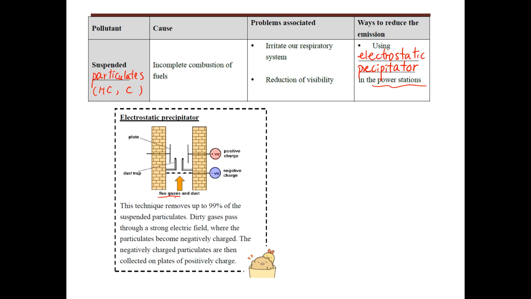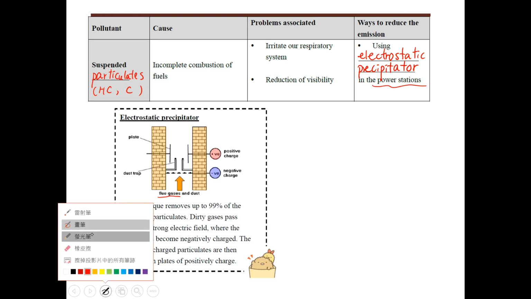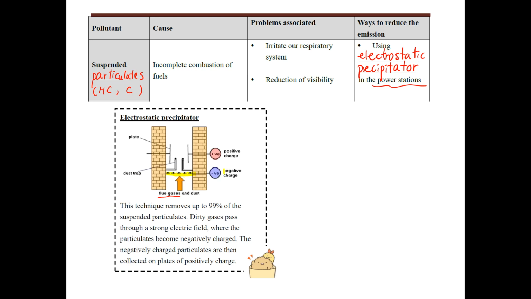Okay. So flue gas coming out from the power station probably will contain a lot of suspended particulate. And how to remove it? Firstly, can you see there is a negative charge wire here? So when flue gas passes through the wire, it will carry negative charge. And can you see there are two plates which carry positive charge, right?